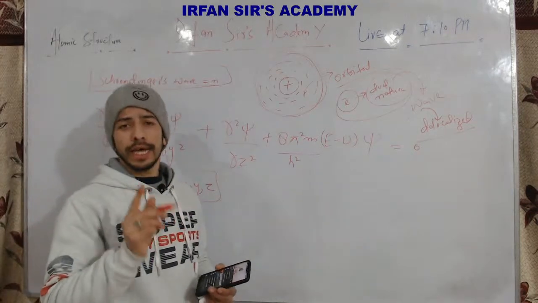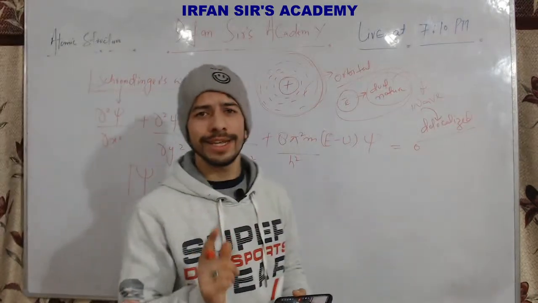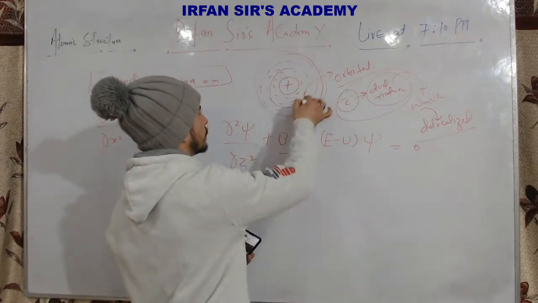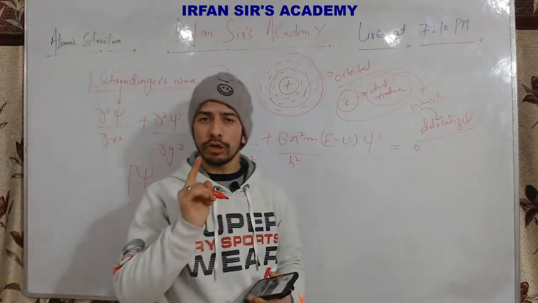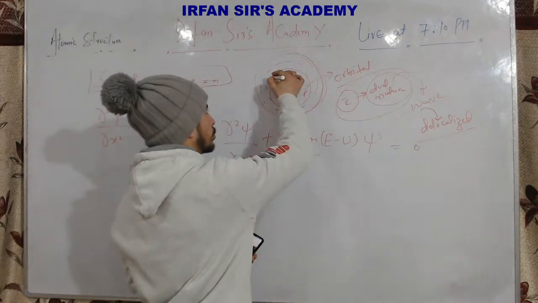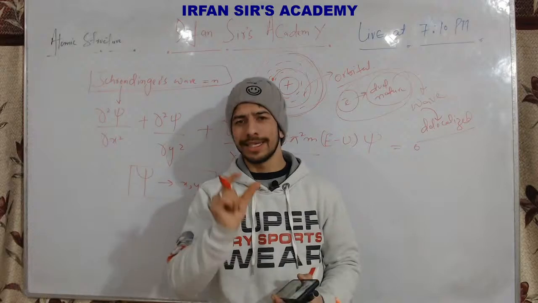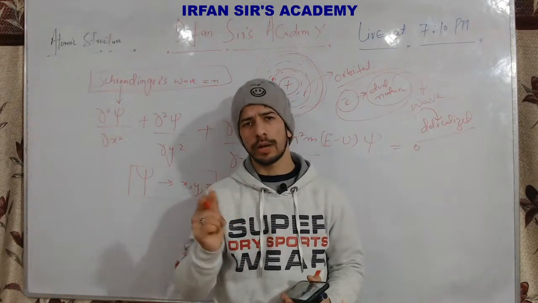As far as Bohr's model is concerned, the electron revolves around the nucleus in a particular orbit, so you know where it is: in the first shell, second shell, third shell and so on.